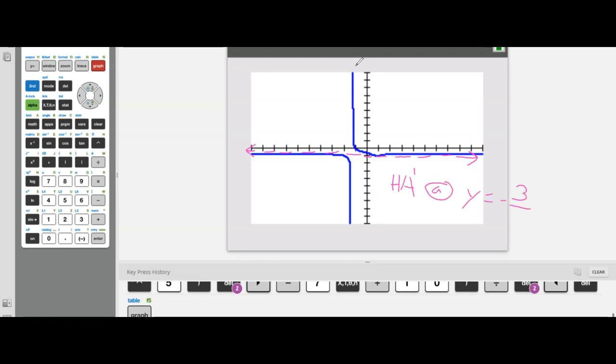So again, the answer to our limits at infinity ended up being a horizontal asymptote of the function, both in example 1 and example 2. All right, let's move on to our third example.